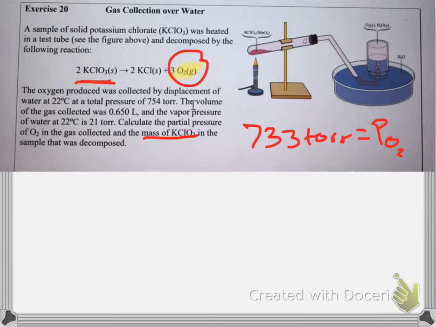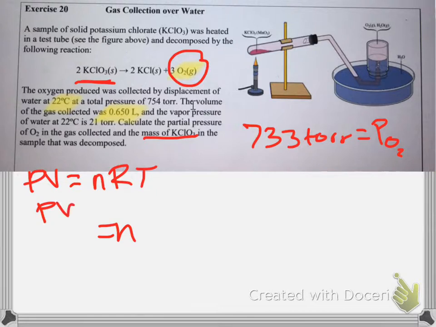We are told that we have 22 degrees Celsius. The volume of the gas is 0.65 liters. So if we're going to use our ideal gas law to calculate moles, PV equals nRT, we can divide both sides by RT, and we get n equals PV over RT.